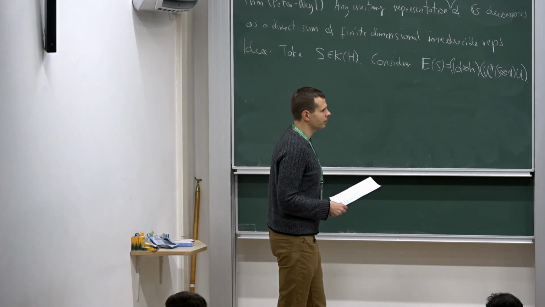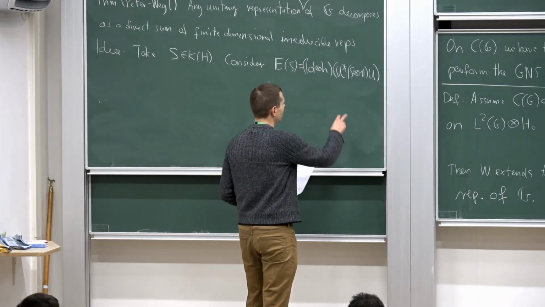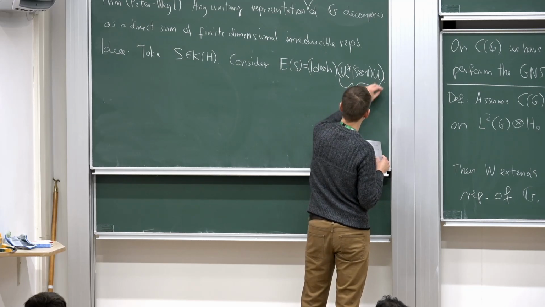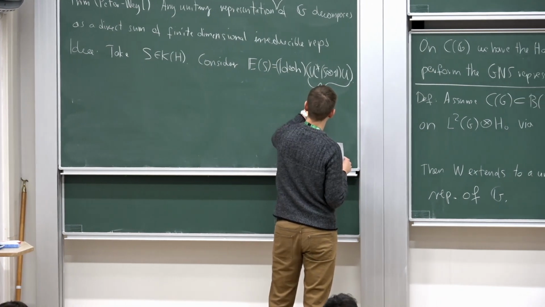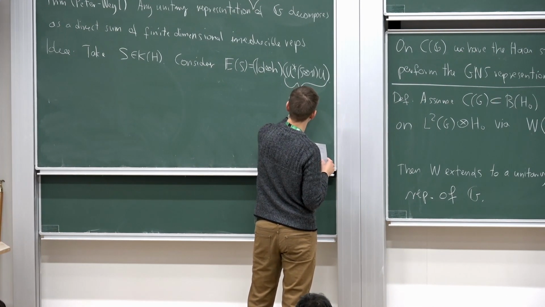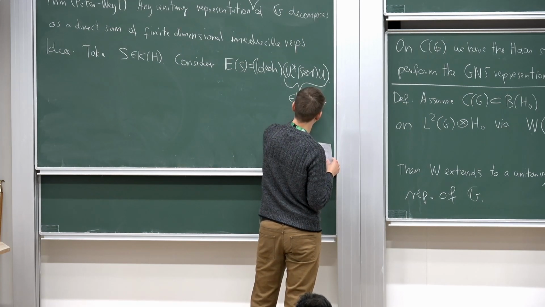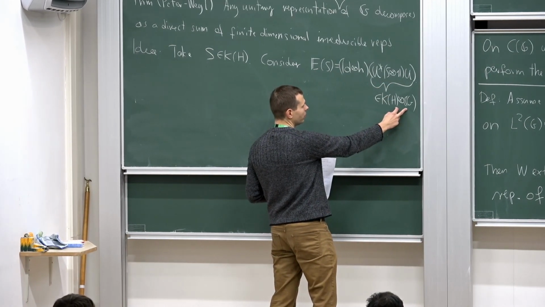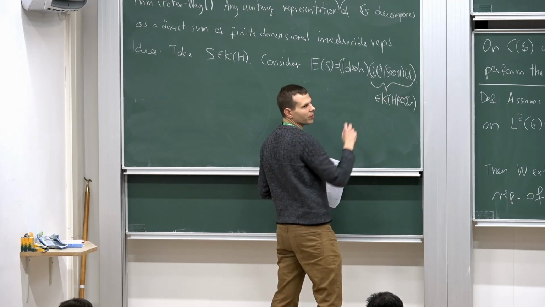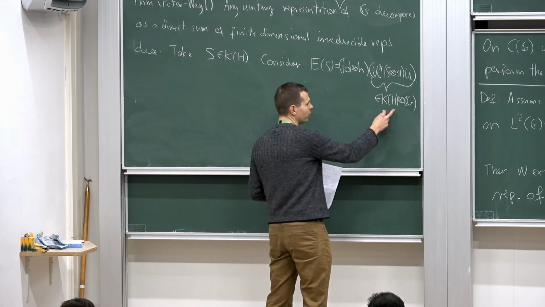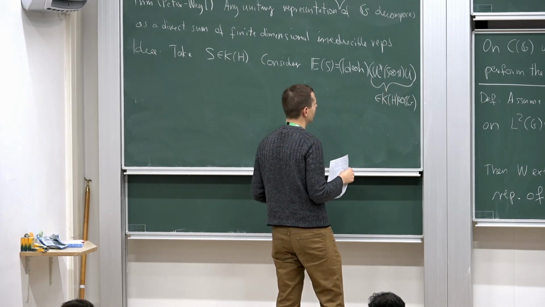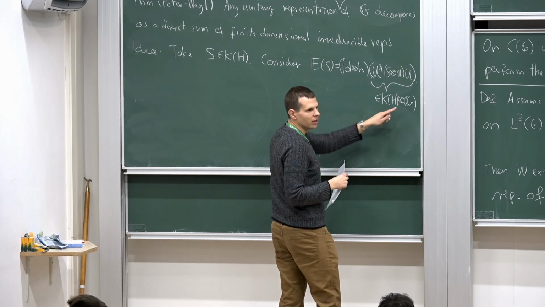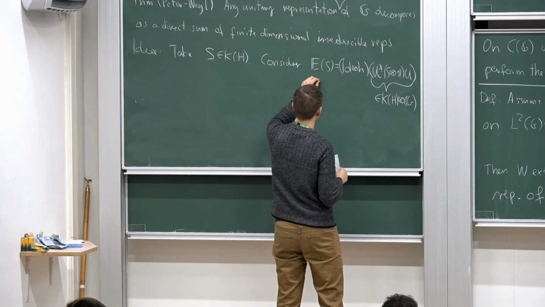Okay, so by definition, this thing belongs to compact operators tensor C of G, right? Because S tensor 1 is in compact operators tensor C of G, and U star and U are in the multiplier algebra. So if you multiply them, you land in K of H tensor C of G. So when you slice the right leg, you land in compact operators.